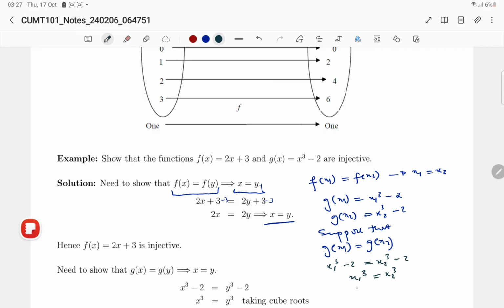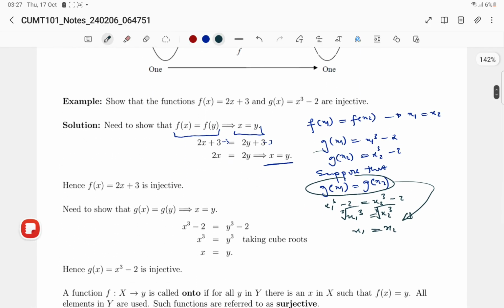And if you take the cube root of both sides, it will give us x1 is equal to x2. So from our supposition, g of x1 is equal to g of x2 implied that x1 is equal to x2.